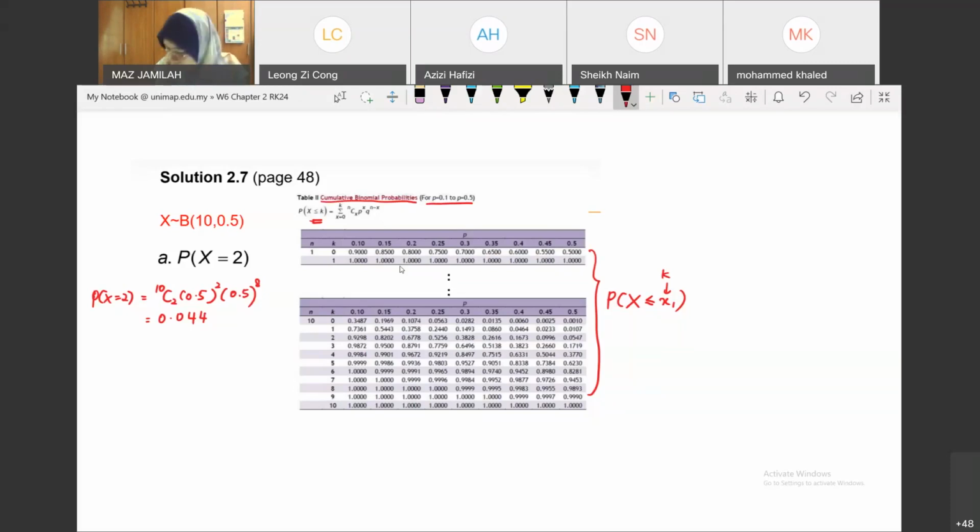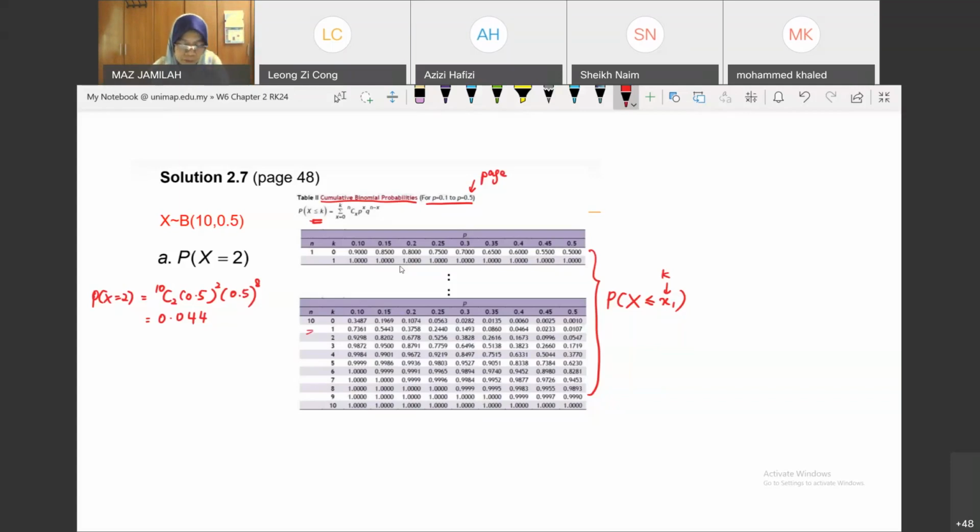Can you find the probability for success probability 0.5? I'm referring to your textbook. Find for probability of success 0.5 and number of trials n equal to 10, because we are using 10 trials.